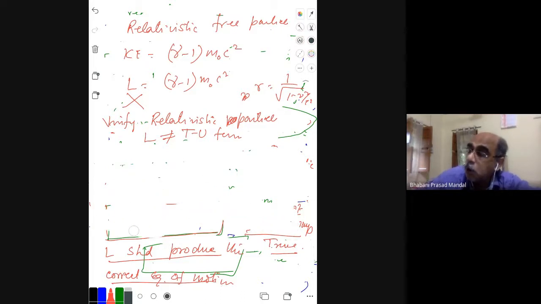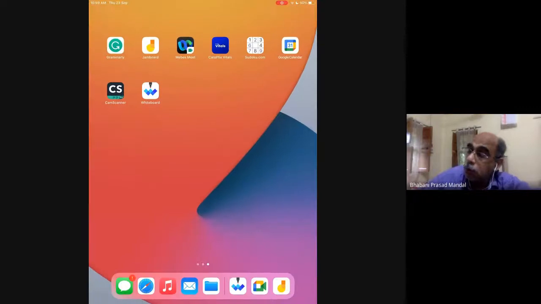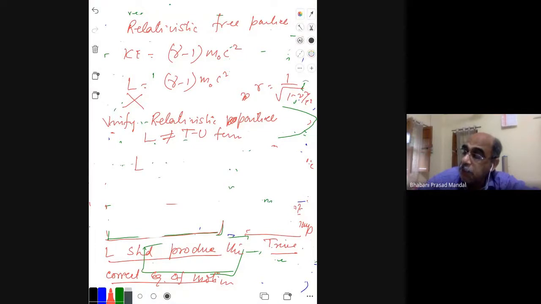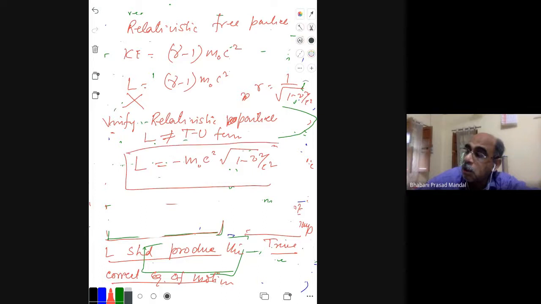The relativistic free particle Lagrangian is minus m0 c squared times the square root of 1 minus v squared by c squared. So this is the Lagrangian for a relativistic free particle.